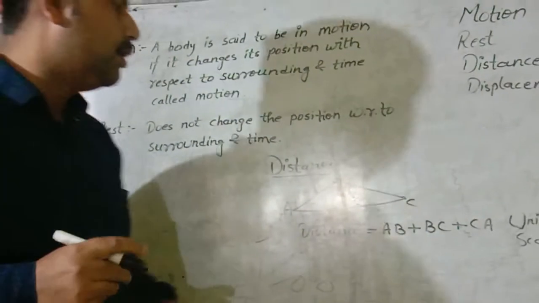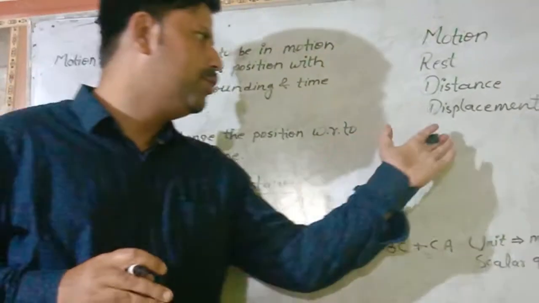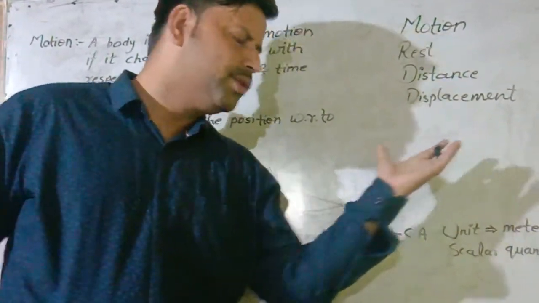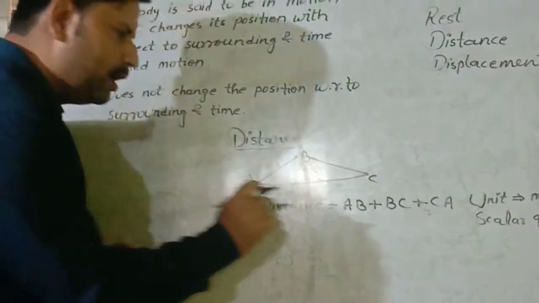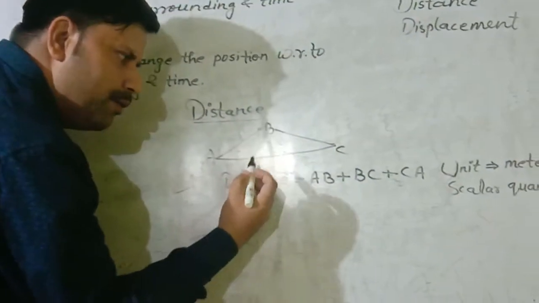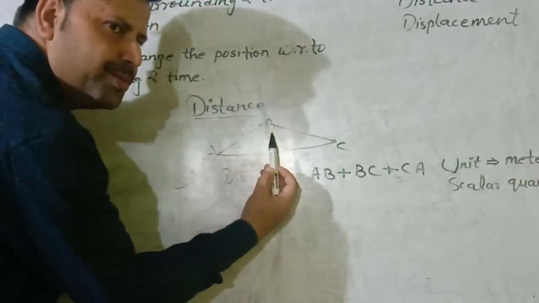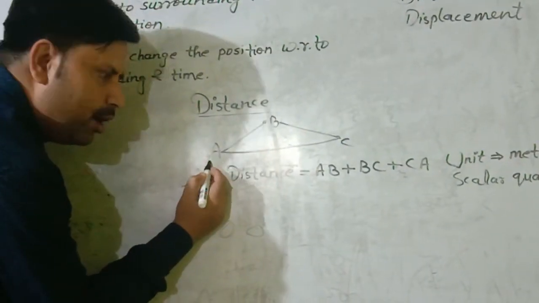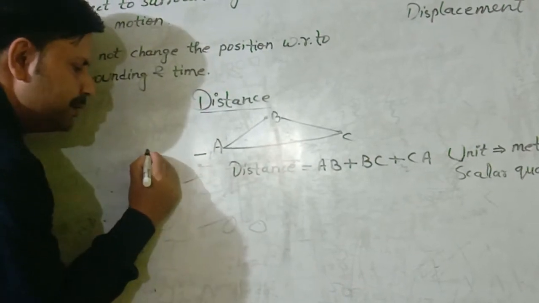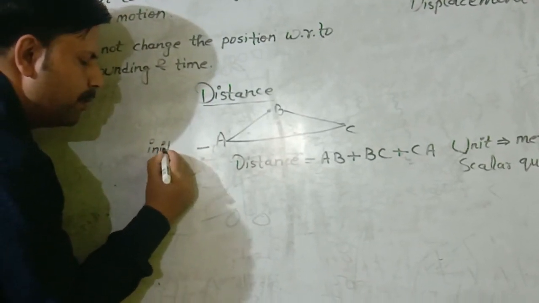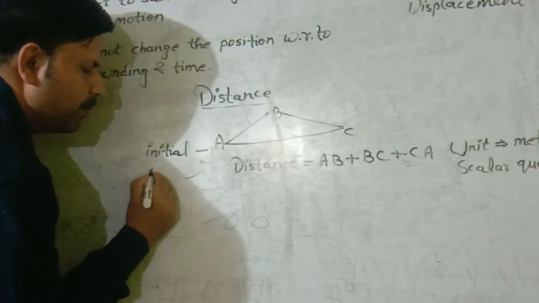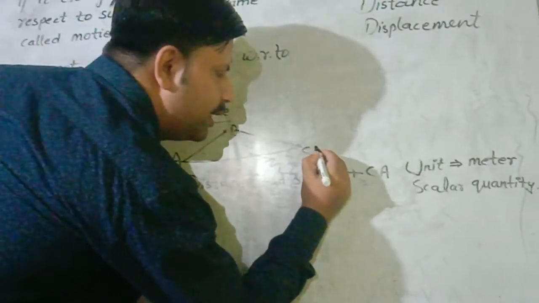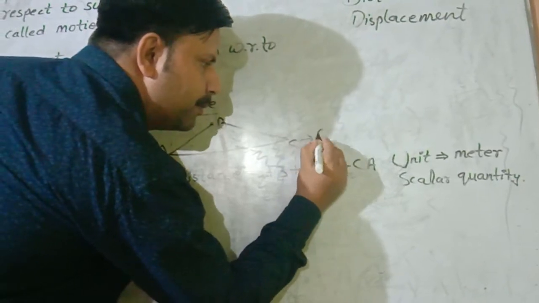Okay, now move to displacement. What is displacement? See in this example, when we move from A to B and B to C, A is called the initial point and C is called the final point.